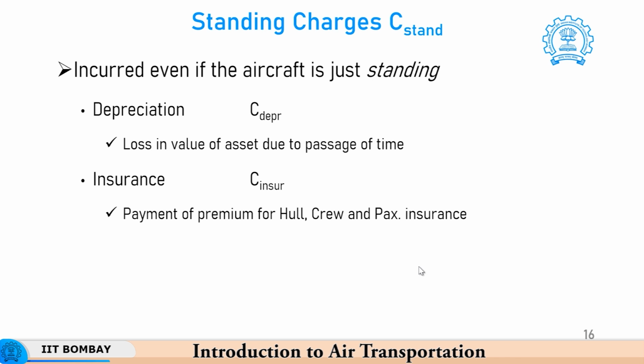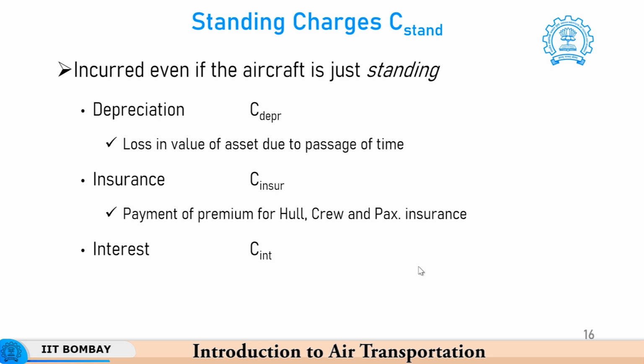So, should there be any untoward incidents and because of that some passengers are injured or lose their lives, and same for the crew members, then the premium that you pay for the insurance takes care of the statutory requirements for insurance for the passengers or the crew members, and also if there is a damage to the aircraft or the engine or both because of an incident or accident, then that is also covered by the insurance.